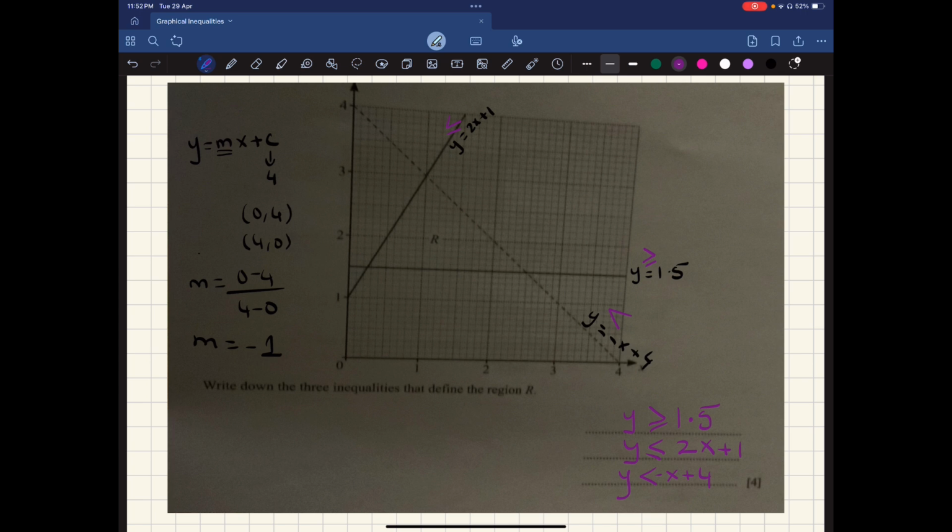Or you could be given the graph where you'll need to figure out the equations of the lines, just like this example, and write the correct inequalities based on the shaded region given in the question. In some cases, you may even be given just the lines and you will have to write the inequalities they represent and shade the region accordingly. Whichever way the question comes, just follow the steps we covered and you'll be good to go.